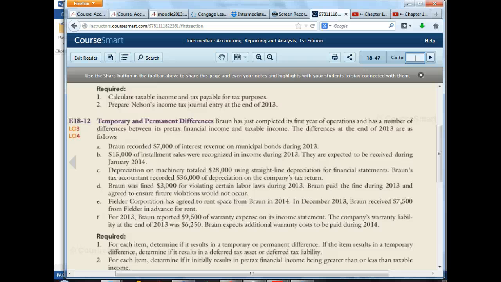He got fined. Do you think the IRS is going to let him write off fines? What do y'all think? No. They're not going to let him write off fines. Will they ever let him write off fines? No. Is it temporary or permanent? Permanent.